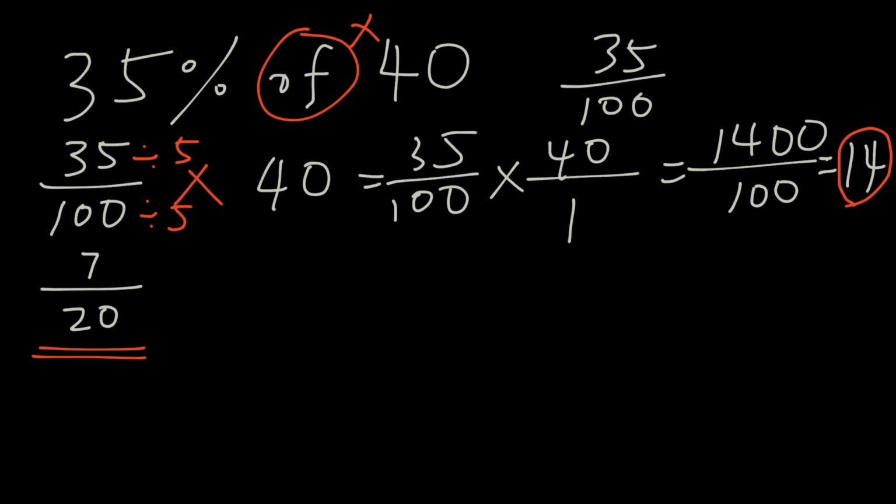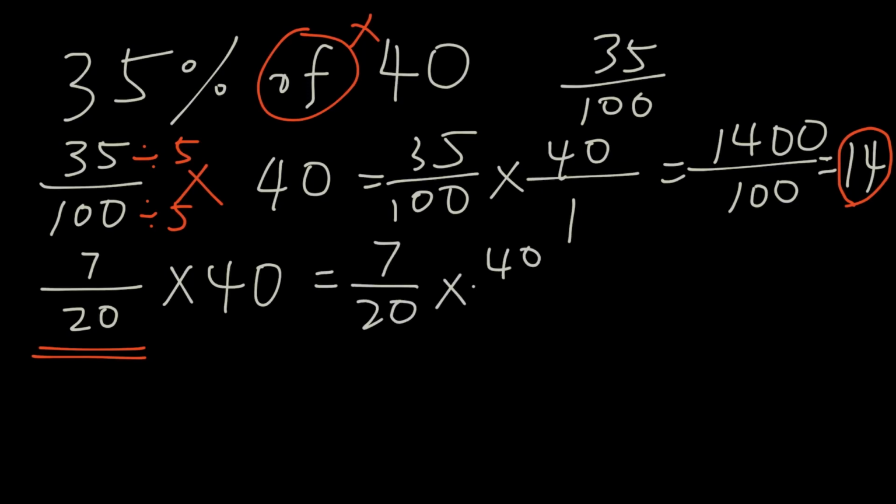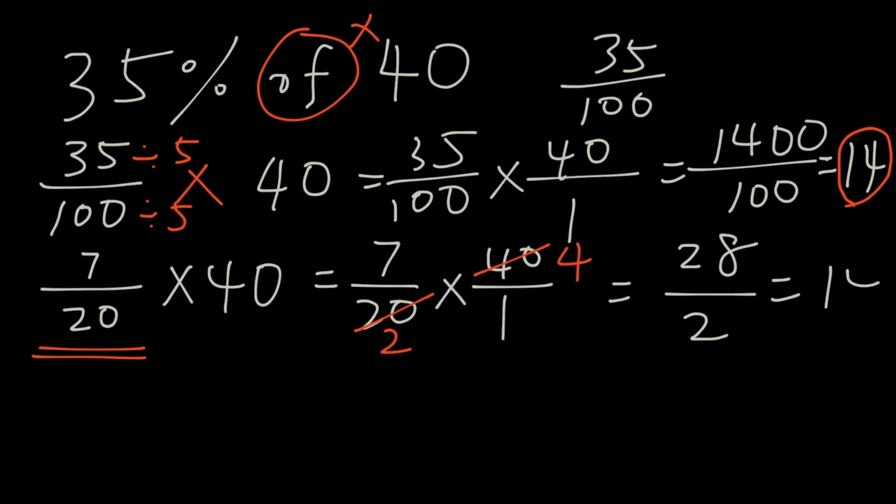Okay, so now we times this by 40, and we can rewrite it as 7 over 20 times by 40 over 1. And if we want to further simplify this, the 40 and 20, we would get 4 and 2. Then we simply take 7 times 4 is 28, and 2 times 1 equals 2, and that equals 14. So this method also works.